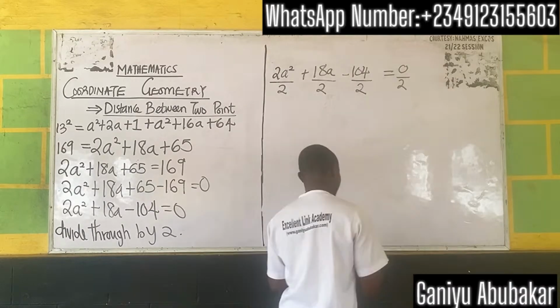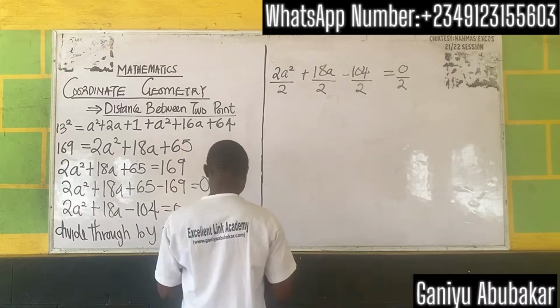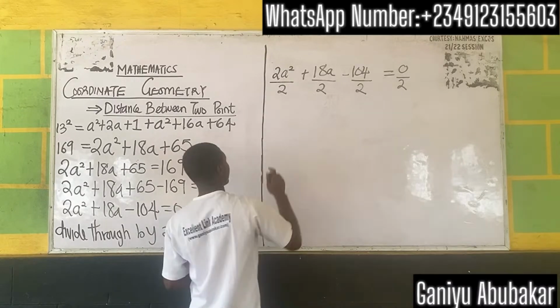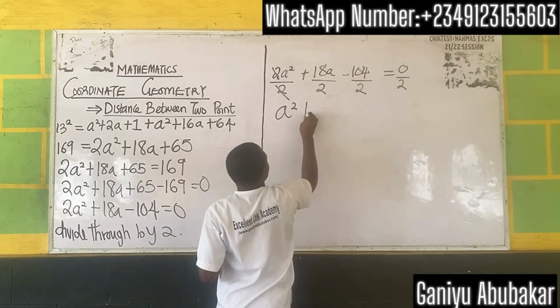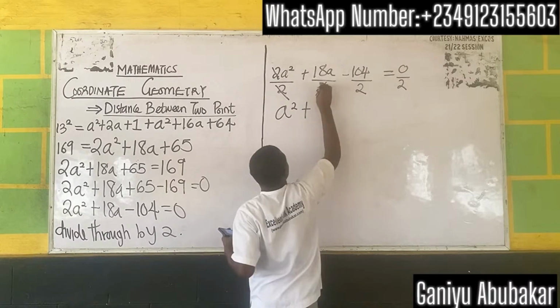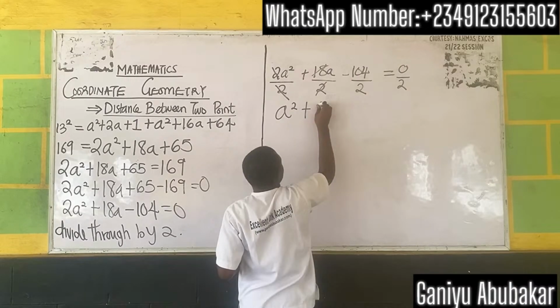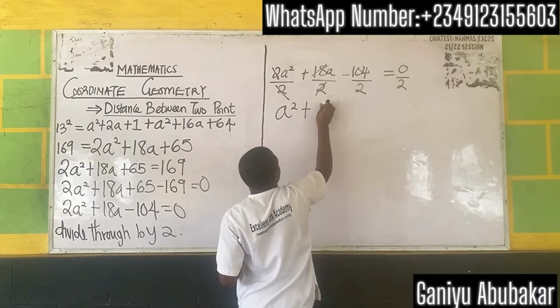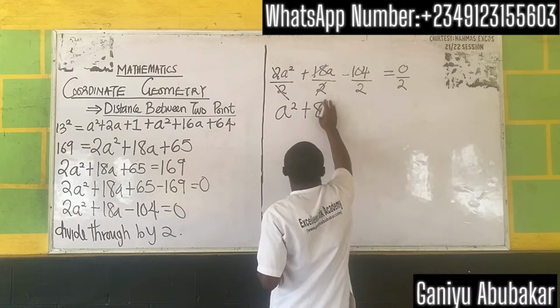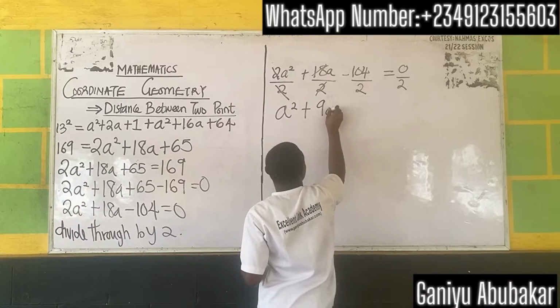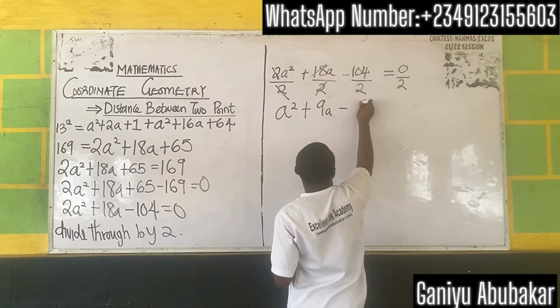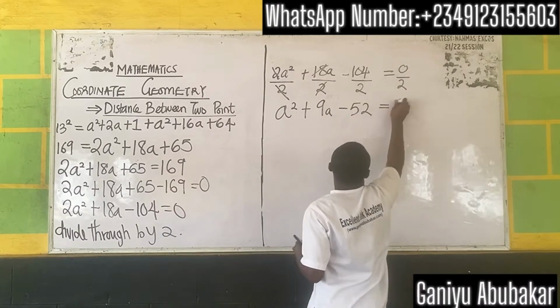This one here gives you 2 cancel 2, that gives you a squared, plus 2 in 18, 9, that gives you 9a, minus 52 equals 0.